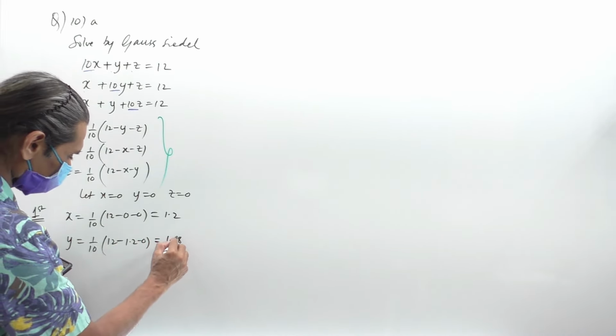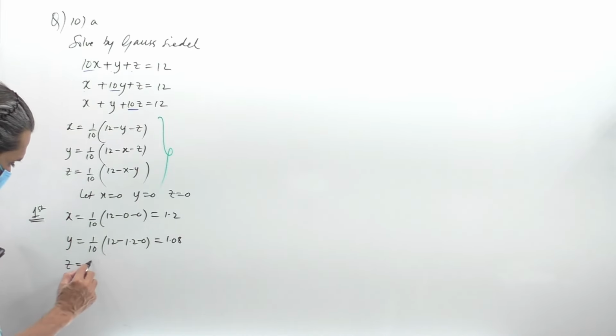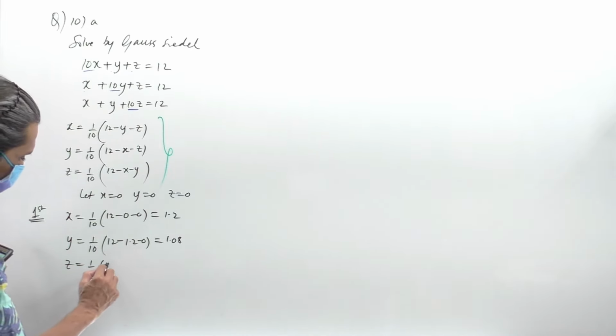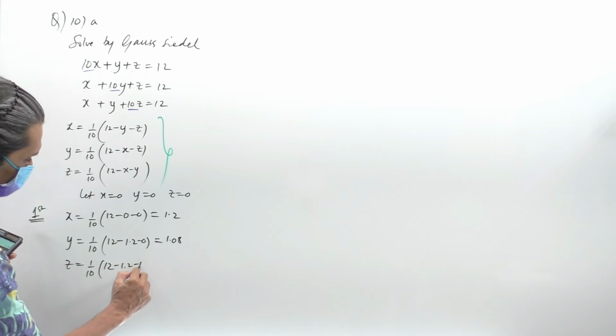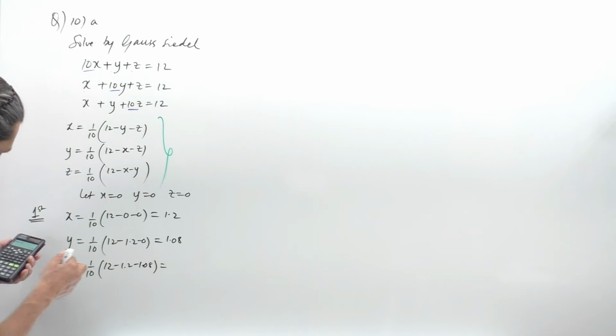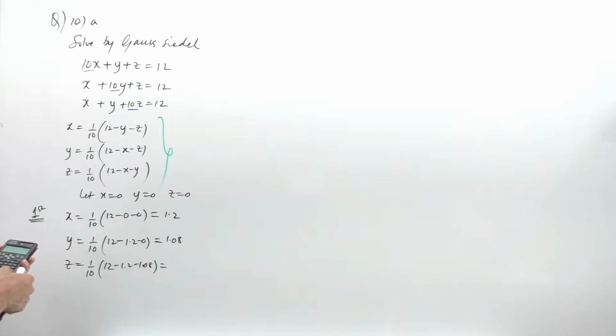Next, z is equal to again 1 by 10, 12 minus new x, 1.2, minus new y, 1.08. So this will be 12 minus 1.2 minus 1.08 divided by 10, and it's coming 0.972.